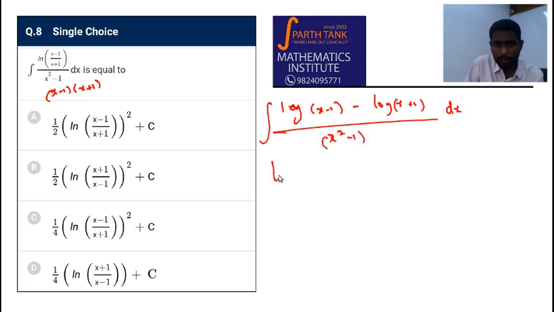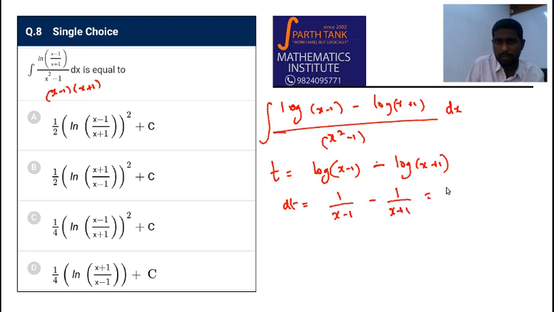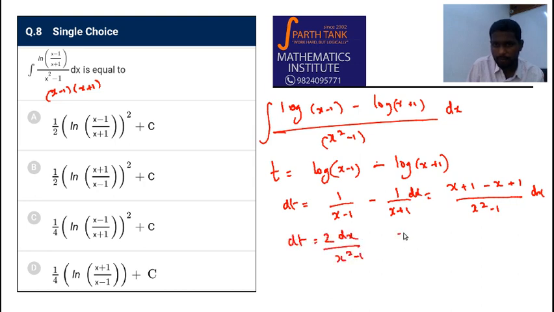So if you take the numerator as t, log of x minus 1 minus log of x plus 1, then dt becomes 1 by x minus 1 minus 1 by x plus 1, which is x plus 1 minus x plus 1 by x squared minus 1 dx, or dt is 2 times dx by x squared minus 1, which implies dx by x squared minus 1 is dt by 2.